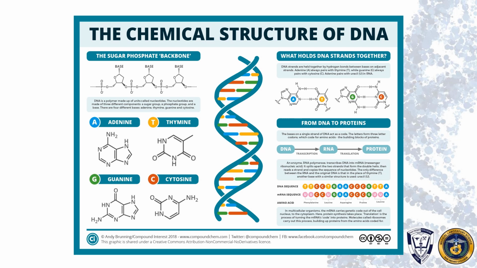These are mismatched nucleosides that are used as drugs for HIV. And then we also have acyclovir or Zovirax, which are drugs used to combat herpes simplex virus and varicella zoster.